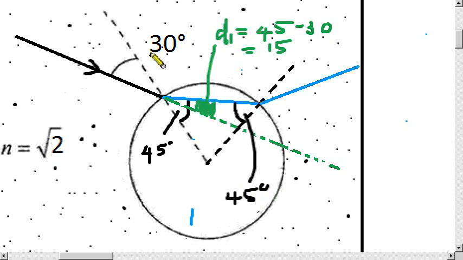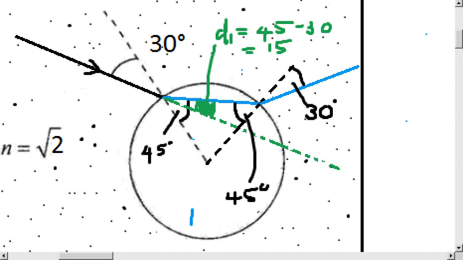Then it came at 30, so this one is therefore 30. Refractive indices are equal, therefore angles should be equal.